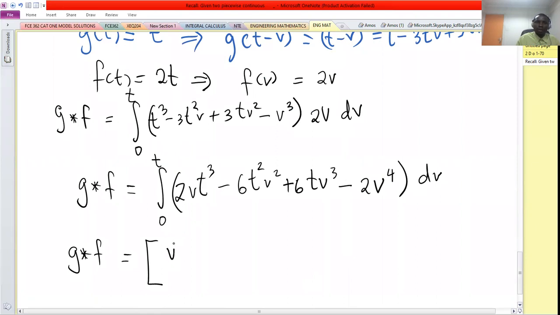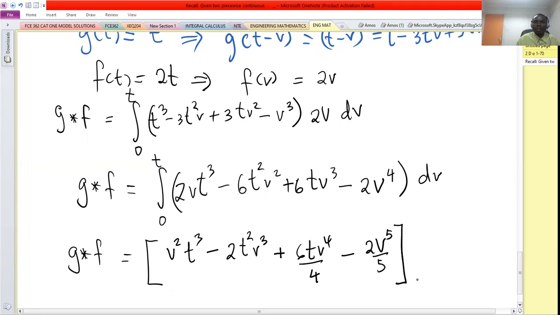So v squared over 2, the 2s cancel out, so we have v squared t cubed minus 2t squared v power 3 plus 6t v power 4 over 4 minus 2v power 5 over 5, with v from 0 to v equals t.